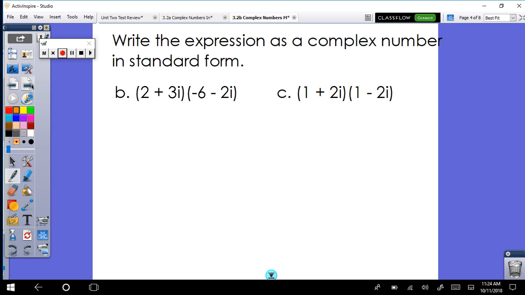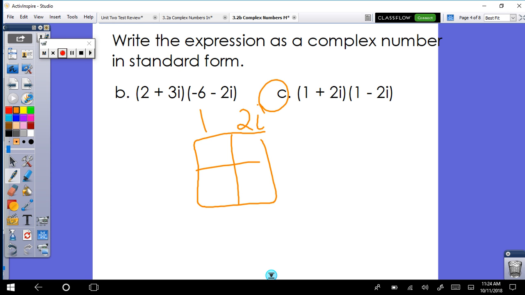I think I'm going to do C particularly for the point of this video, because I want you to see what happens here when we have 1 plus 2i times 1 minus 2i. So these are the same expressions except for that one's a positive and one's a negative. So to multiply these, I'm going to take 1 times 1 minus 2i.